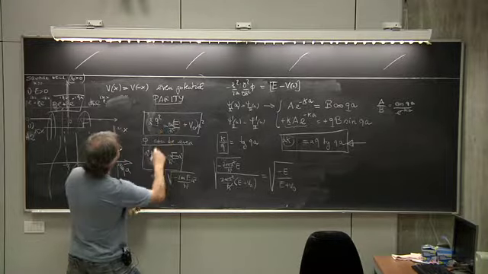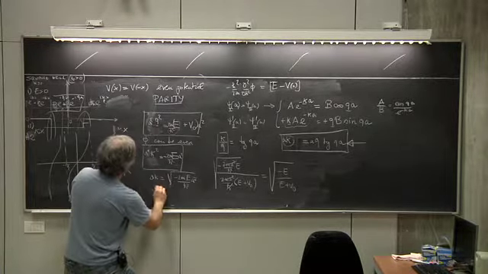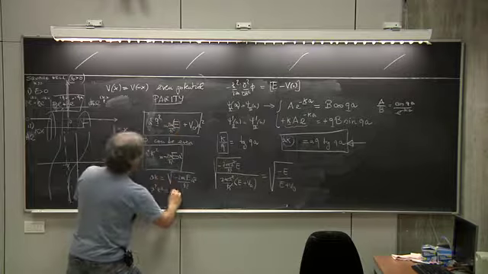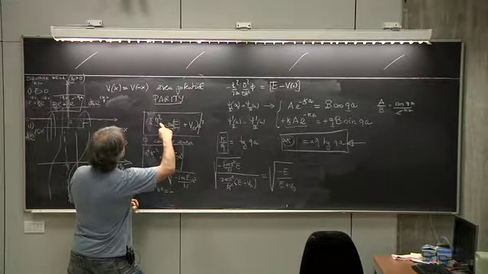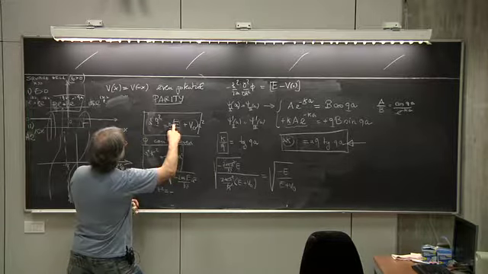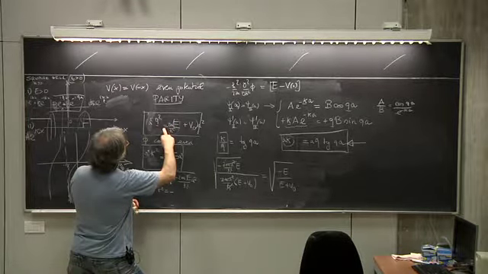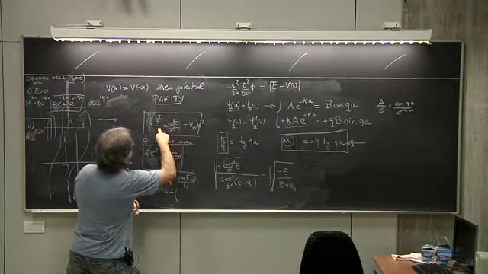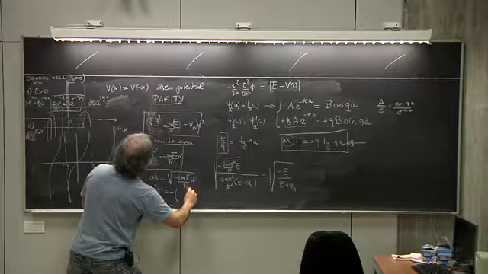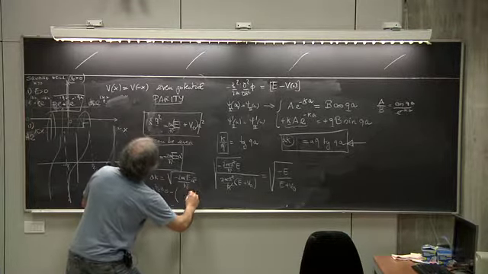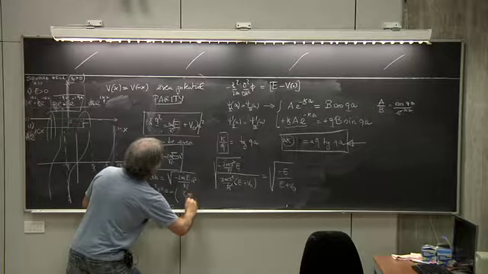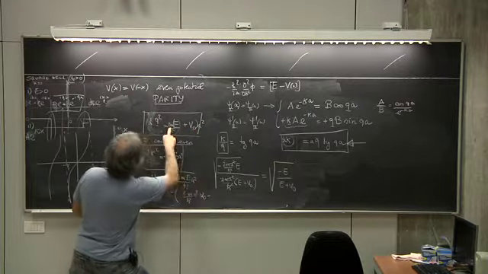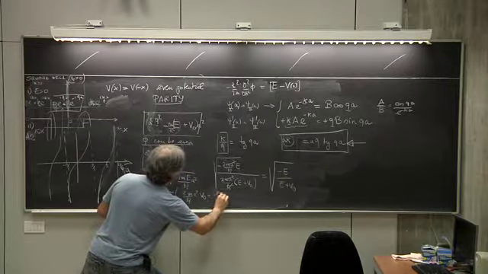So a square k square is equal to minus this one, which I bring on this side, and this equal to 2m over h bar square a square v0 minus a square q square.